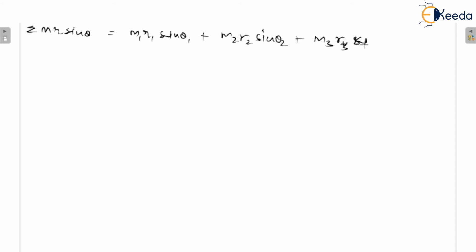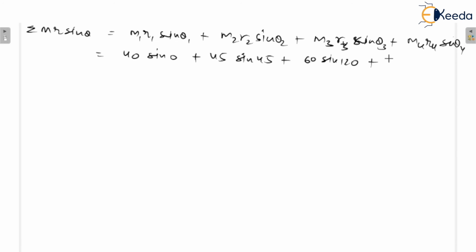So we just have to put values here: 40 sin 0 plus 45 sin 45 plus 60 sin 120 plus 78 sin 255.